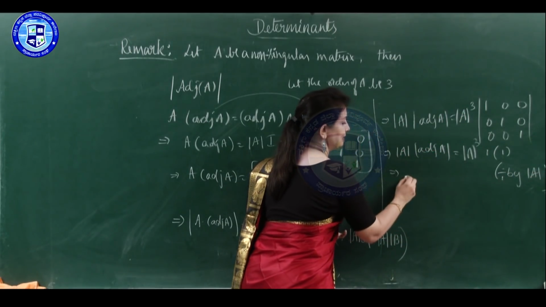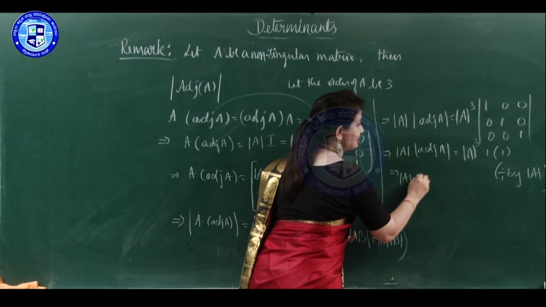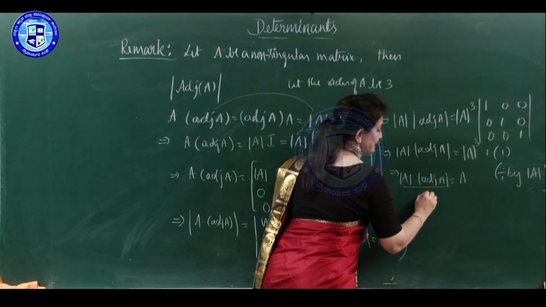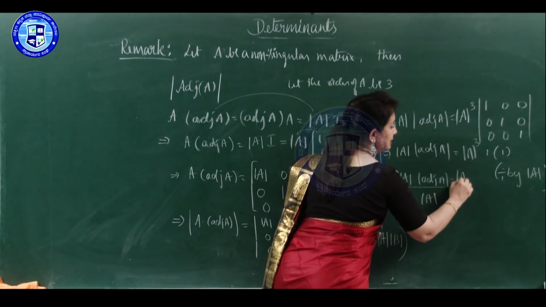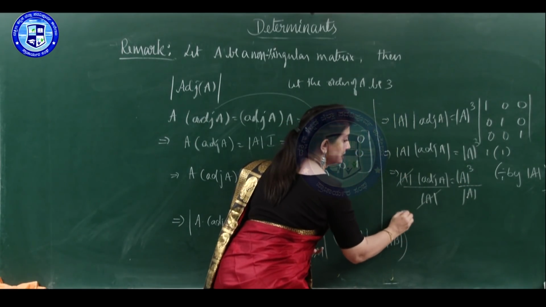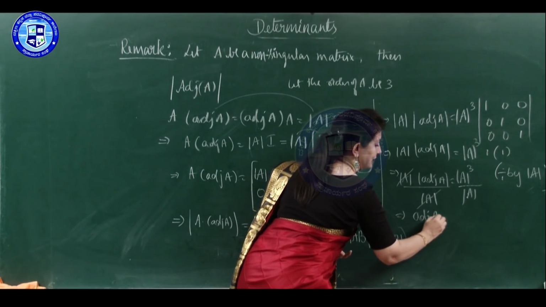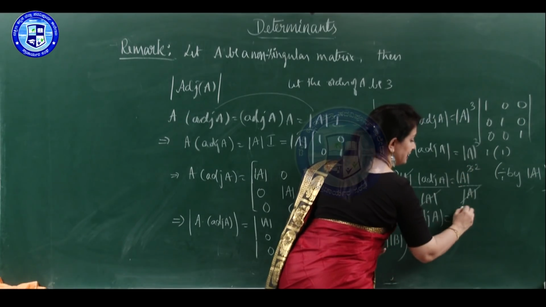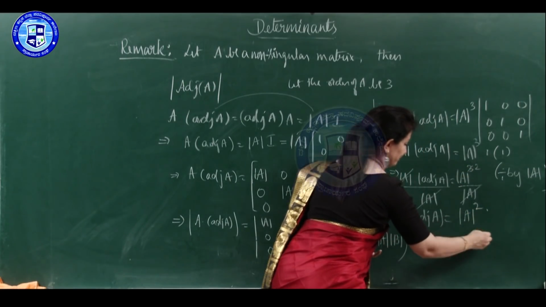When you divide it by determinant A, this is cancelled. Determinant of adjoint A is equal to determinant A the whole cube divided by determinant A. What is it? It is cancelled. So, here we get the answer as determinant of adjoint A is, once the determinant A is cancelled, determinant A the whole square.